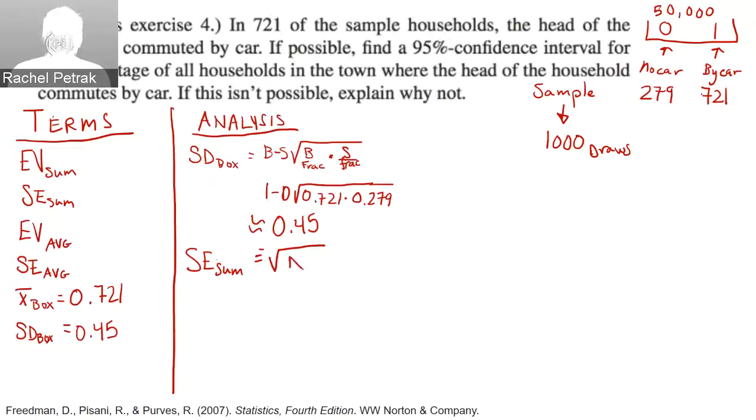The square root of the n of our draws times our standard deviation. So it'll be the square root of 1,000 times the standard deviation of 0.45 to give us a standard error sum of about 14.